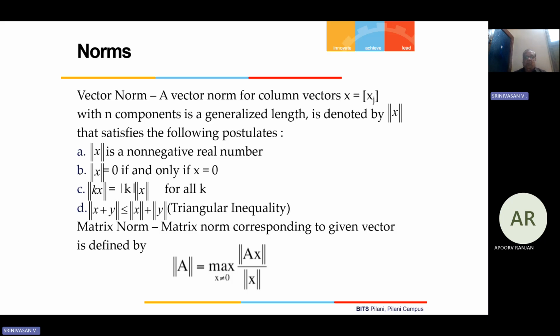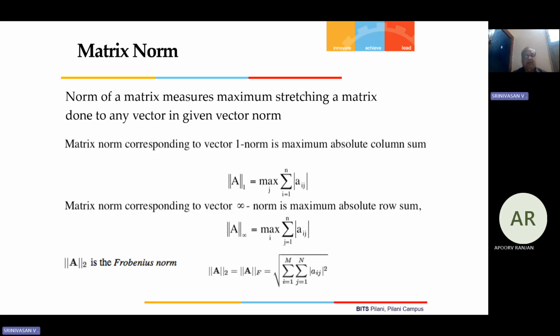Okay. Matrix norm. If you take a matrix, its norm corresponding to a given vector norm is defined as the norm of the matrix A equal to the maximum of norm of AX, the multiplication of the matrix with the vector, divided by norm x. Okay, just an observation, that's all. Now here, for the matrix norm, we are going to have some specialization by putting some subscript and giving an appropriate definition.